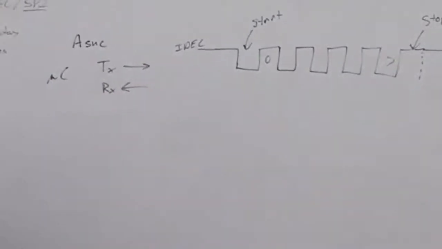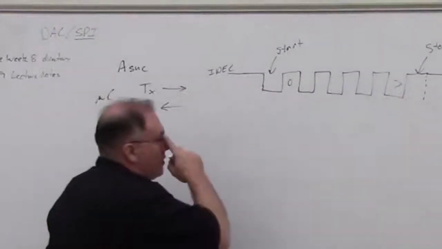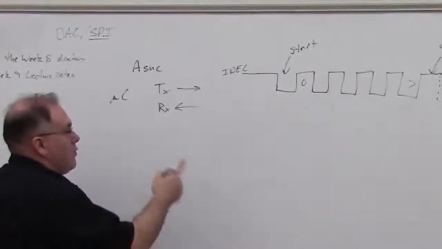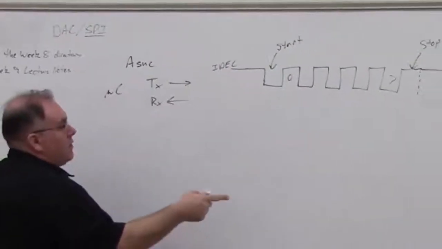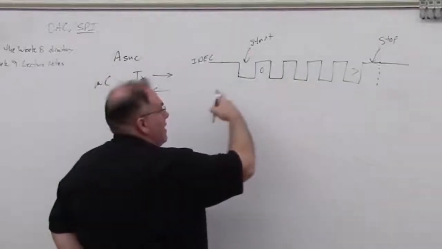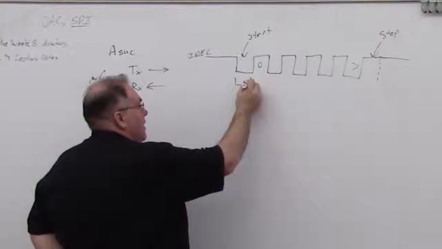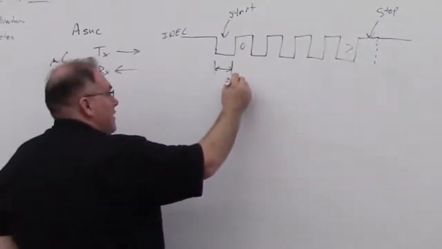And with the asynchronous communication, you had to pre-agree ahead of time with whoever you're talking to what the speed of these bits are going to be, what the width of the bit was going to be, and this was the bit rate.